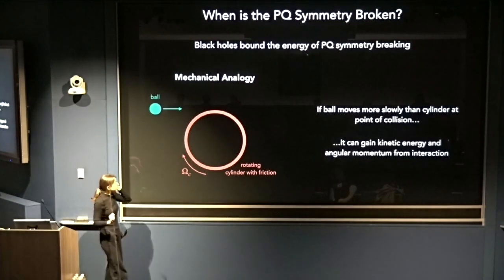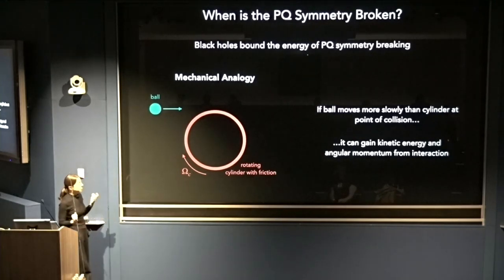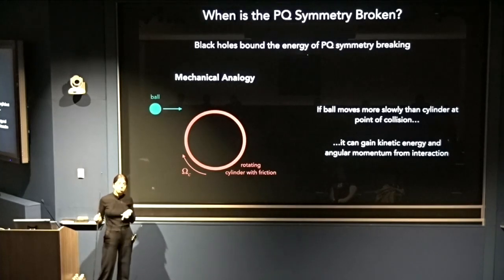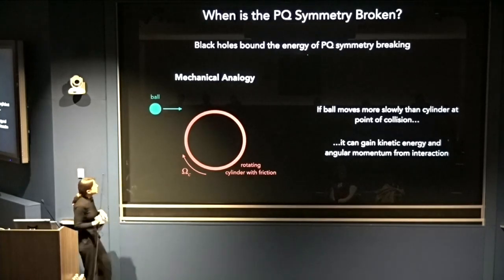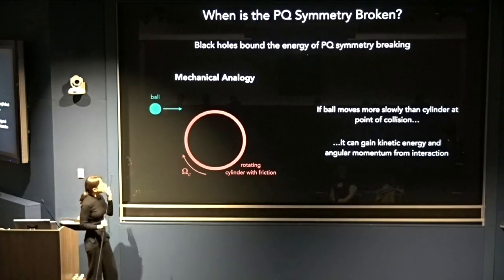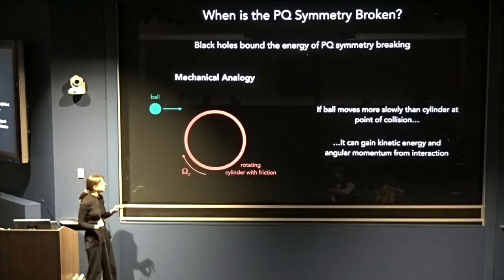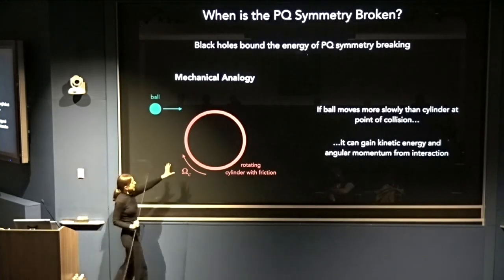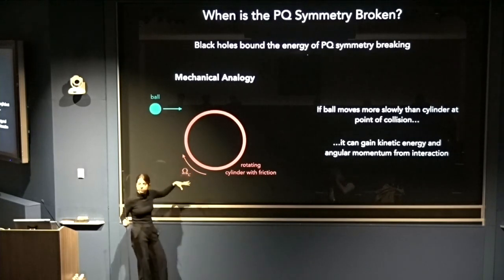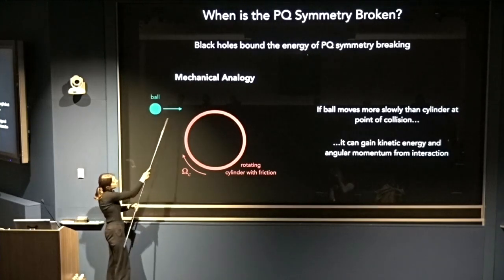So one really neat thing about these QCD axions is that they end up impacting how black holes move. It's just such a beautiful picture, I had to share it. And we can get a lot of intuition from this just from a very simple mechanical analogy. Imagine a rotating cylinder with some rough surface, so it has some friction on it, and we throw in a ball.